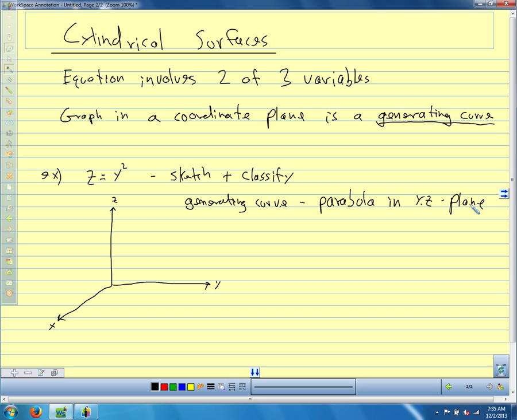If I sketch this parabola in the yz plane, I'll do this in red. Let me extend my y-axis back this way also. We don't have to make it a perfect sketch, but a parabola in the yz plane would look something like this. So that's z equals y squared.